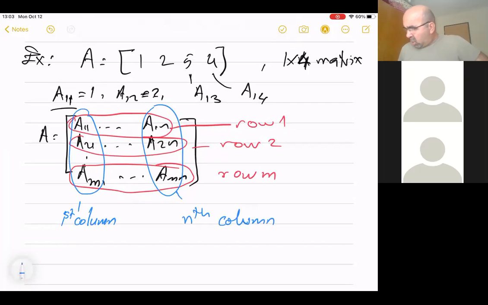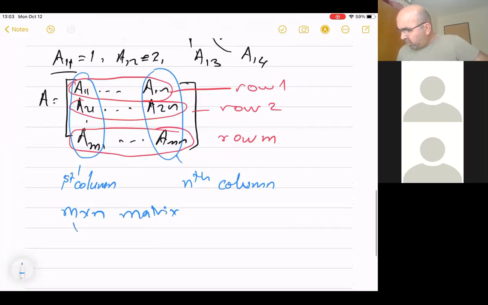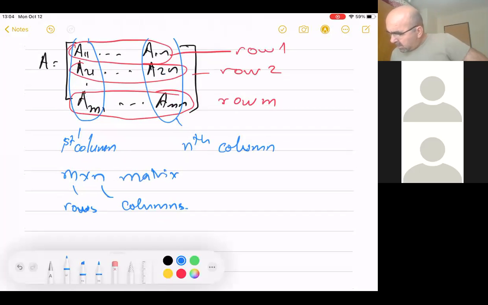So when you write an M cross N matrix, this M represents the number of rows, and this N represents the number of columns. Always.